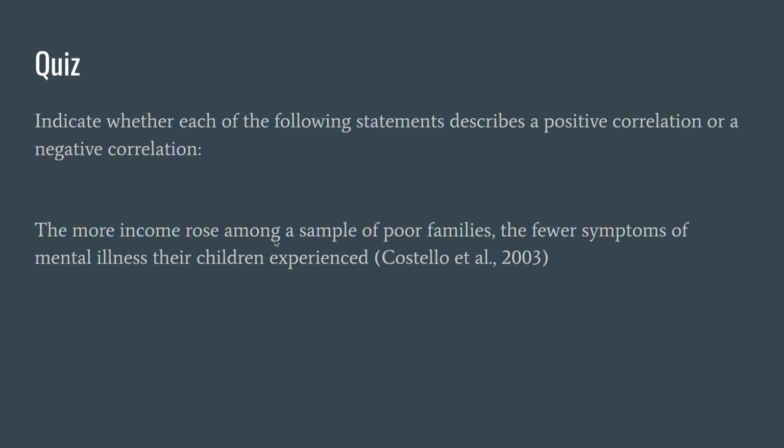The more income rose, so income would be one of the variables, and fewer symptoms, so symptoms would be another variable. So we're trying to see a correlation between income and symptoms. As income increases, symptoms of mental illness decrease. So it will be a negative correlation.